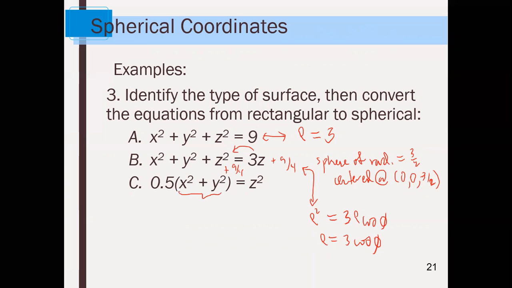So this guy right here is r squared, isn't it? And so this would be 0.5, or a half, equals z squared over r squared, yes? It seems like we've seen z over r somewhere before, haven't we? Where have we seen that before?